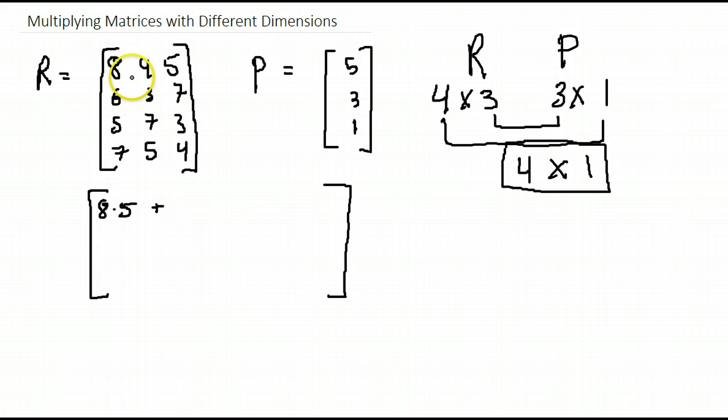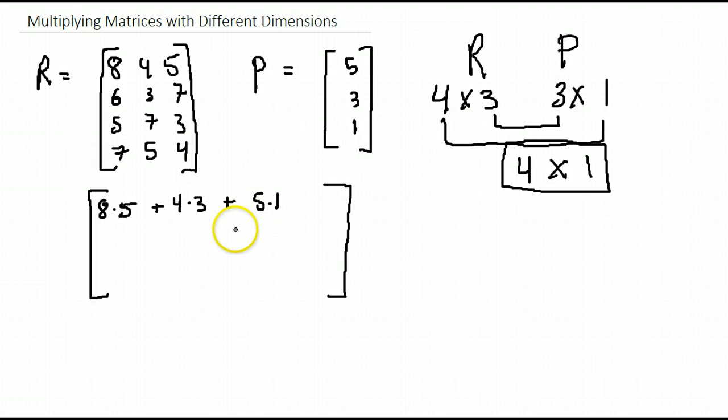And to that we're going to add the first element in the second column to the element in the second row of P, which is a 4 times 3. And then to those two, 8 times 5 plus 4 times 3, we're going to add the first element in the third column to the first element in the third row, which gives us a 5 times 1.